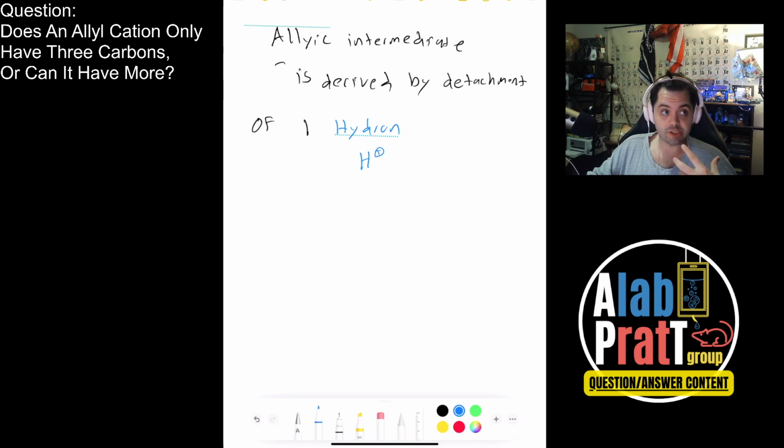A proton would be, I think, another fair definition. There is also the removal of one hydrogen or a hydride, which, if it's not H plus, it could be H minus, which includes both of the electrons.